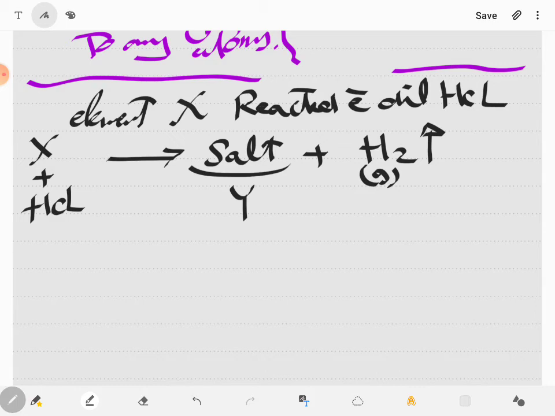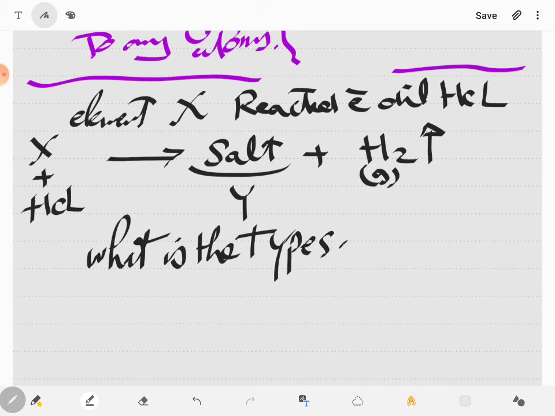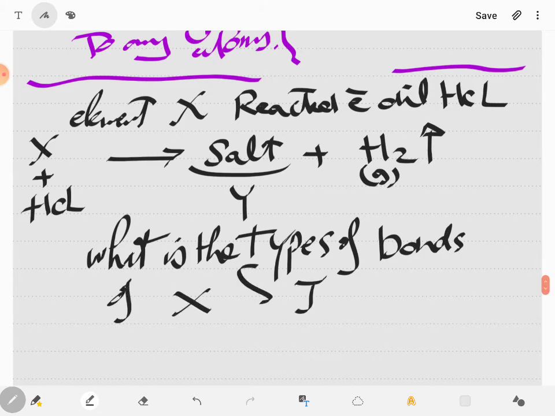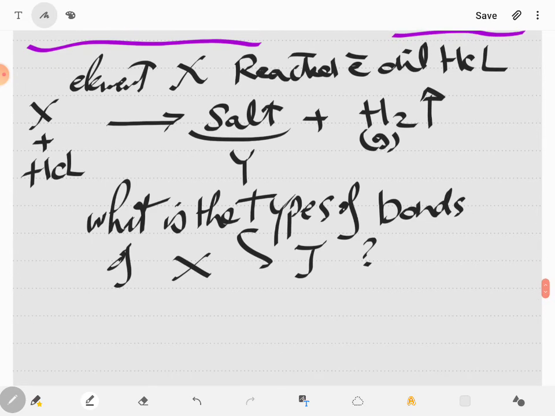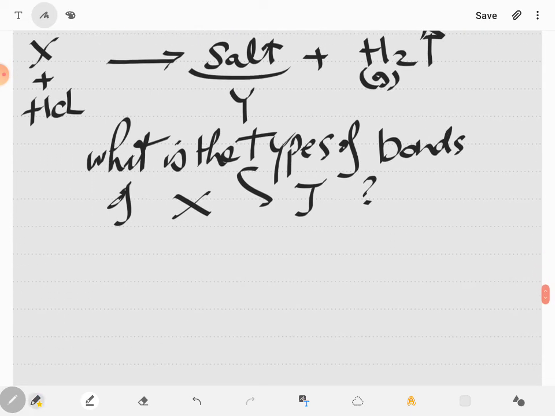Now he asks you what is the type of bond of X and Y. What type of bond is created between X and Y? I know X reacted with dilute HCl, meaning this is just one element.